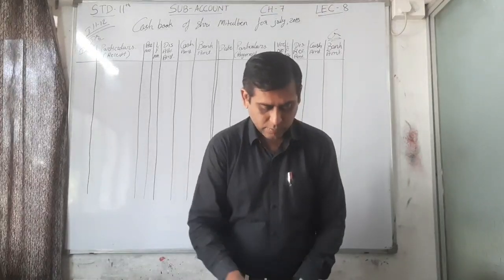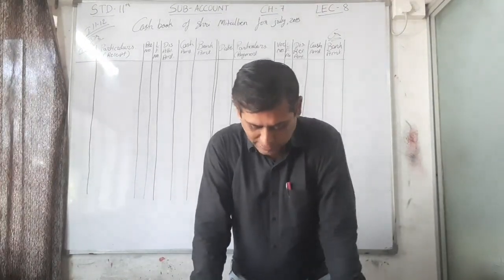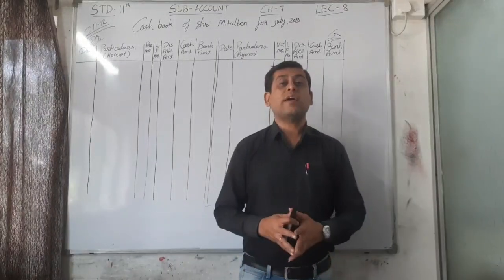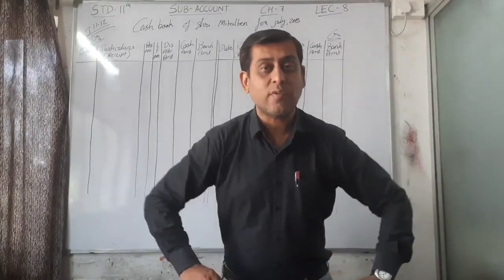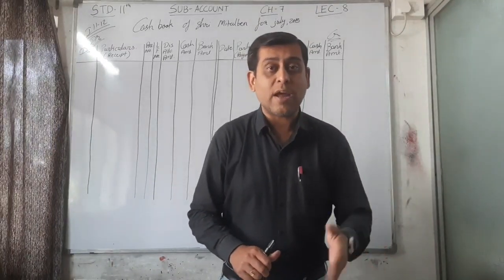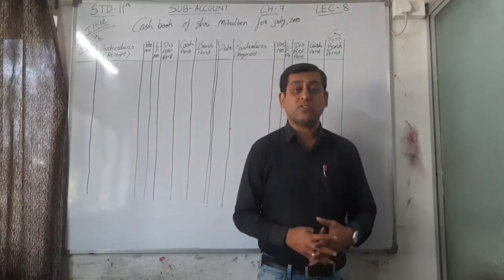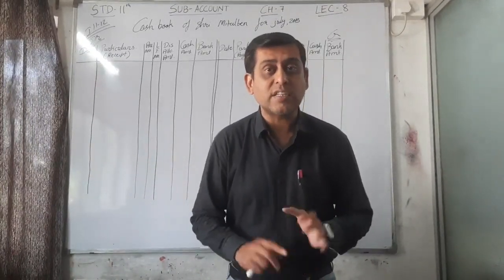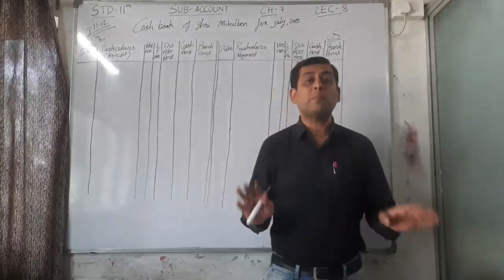Now see the first transaction: opening cash balance and bank overdraft. Cash always has a debit balance, so we record it on the debit side. A bank overdraft is a credit balance, so we record it on the credit side. Discount allowed and discount received have no opening balance.